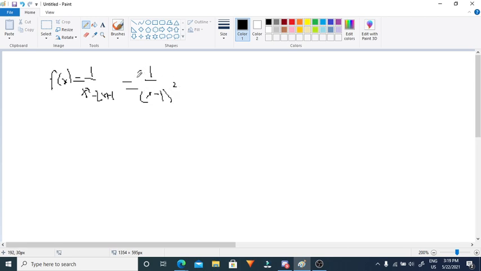Now the problem when we do the integral from 0 to 2 is that there's a vertical asymptote at x equals 1. So in order to deal with this, we're going to do two separate integrals. One from 0 to 1 from the negative side of 1 over x minus 1 squared, and then plus 1 from the positive side to 2 of 1 over x minus 1 squared.